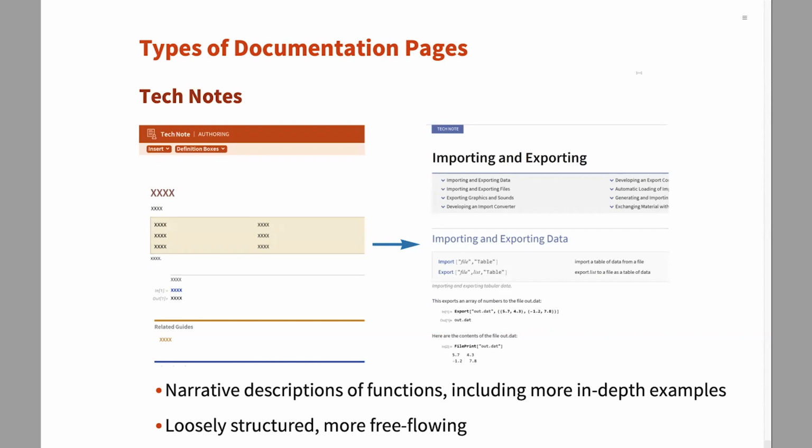You might have more in-depth multi-step examples in here. You might talk about how or why you implemented certain things in certain ways. There are some very book-type documents written as tech notes in the system. It's very free flowing. You're given the reins, and you can write what you want.